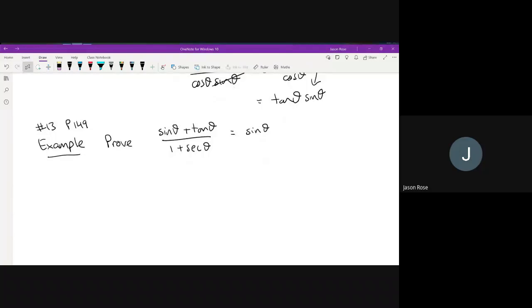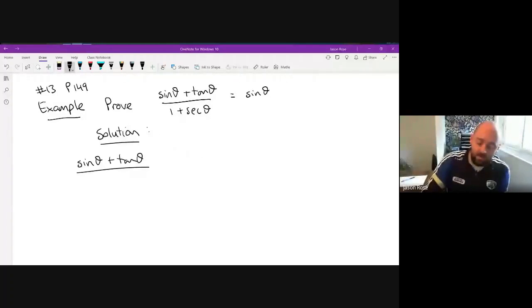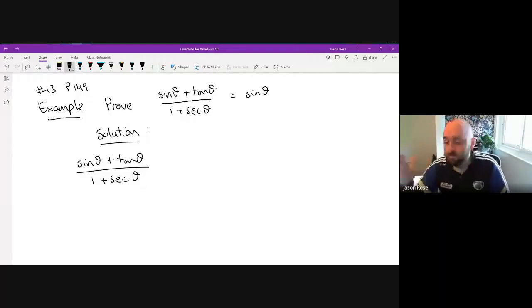Okay, so I definitely want to start with the left side here. Looks like I picked the tricky side, and I want to get rid of the denominator. I would prefer, if I'm going to sort out that denominator, to see secant squared rather than secant. I'd also like to not introduce just secant on its own.